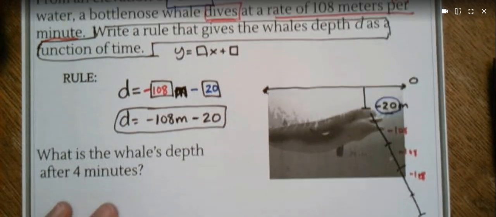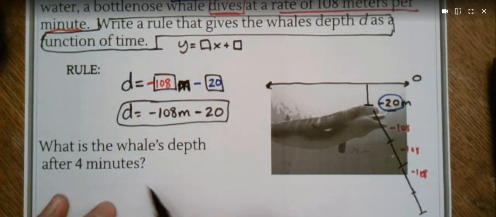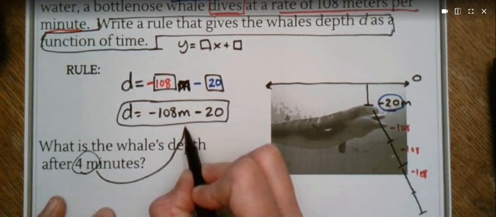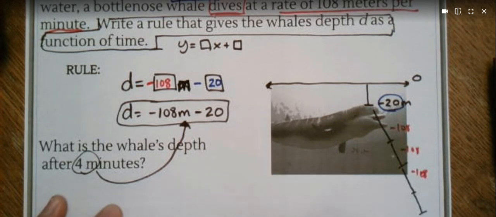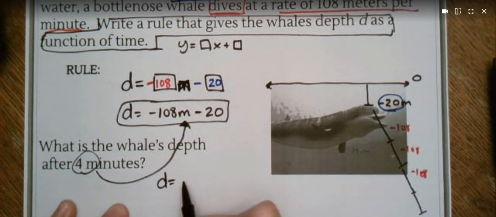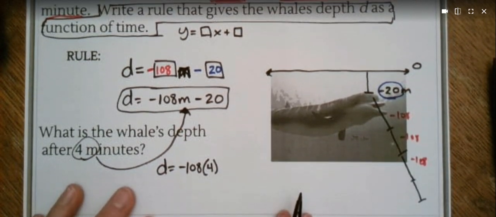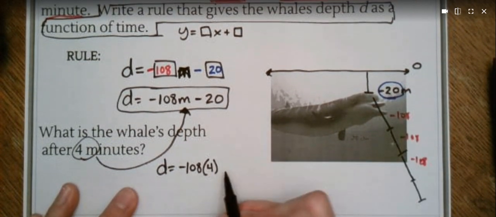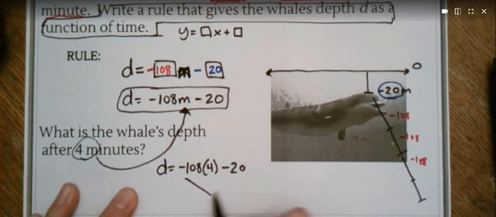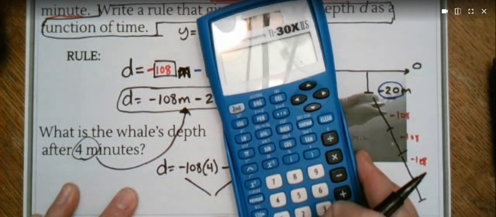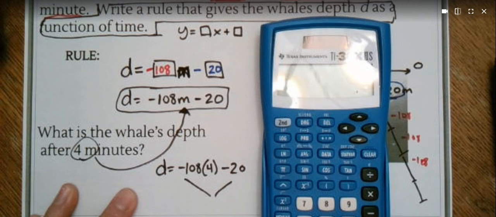Okay. Now it says, what's the whale's depth after 4 minutes? All right, so I'm going to plug 4 right in here for minutes and figure out where the whale is. So the depth is negative 108. He does that 4 times, right? 4 minutes. He's going to dive down minus 108, and he starts at minus 20, negative 20. So I'm just going to use the calculator for this and type this in right here to the calculator.